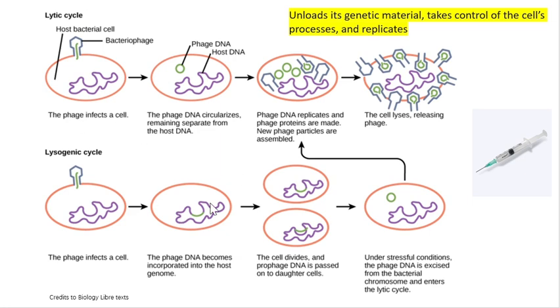This is a diagram that illustrates how viruses reproduce. As you can see, when a virus infiltrates a cell, it uploads its genetic information. It inserts the genetic information into the host cell. What happens next is that the virus takes control of the cell's processes.